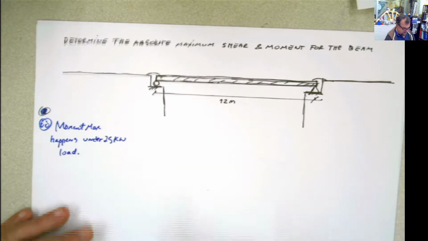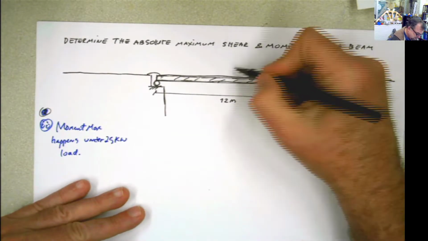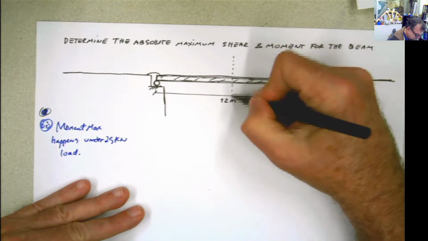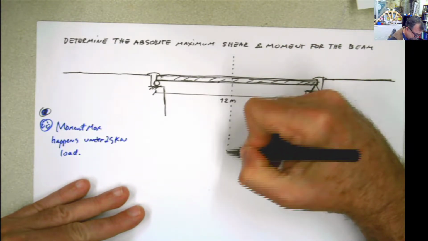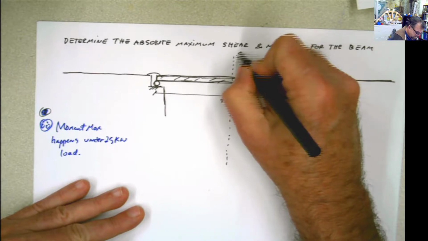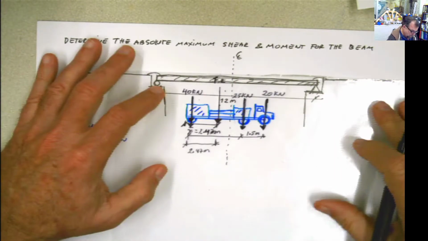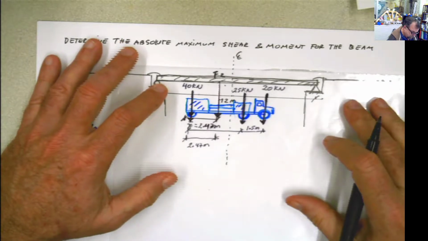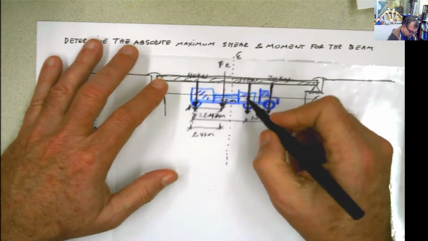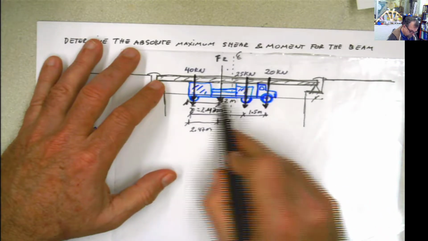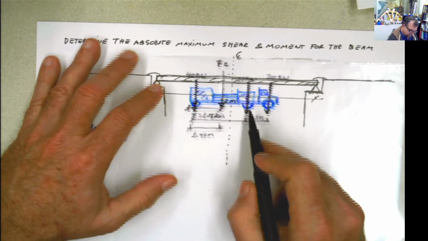If that is the case, then we have to once again come here and place our center line between the resultant force and that 25 kilonewton load.